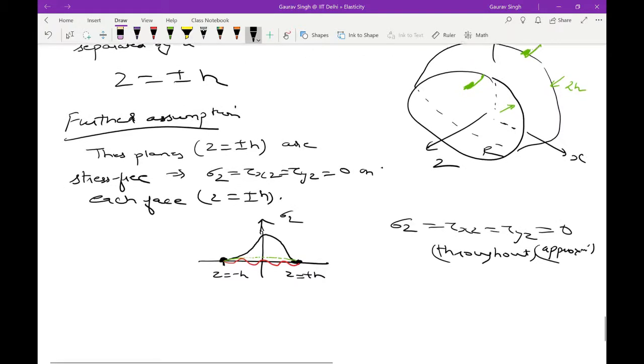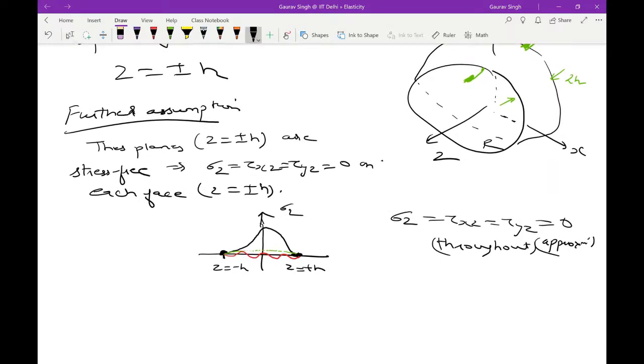Okay, now if you want to summarize this, what do we have? The region is also, this is the second part of it, moreover, the region is thin in z direction.